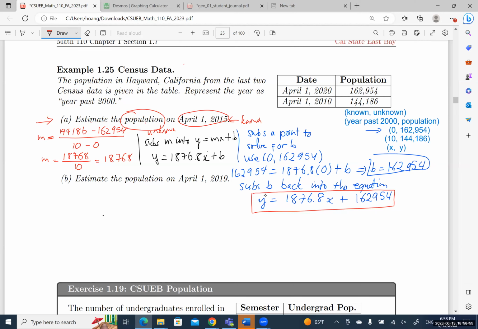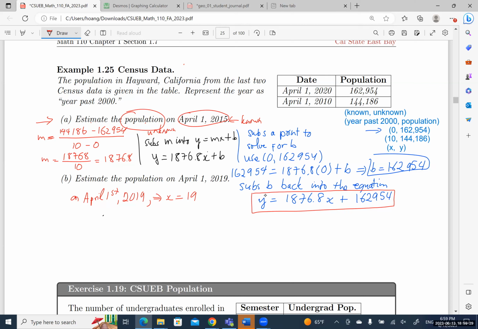And now we just need to estimate the population on April 1st, 2019. So on April 1st, 2019, x will equal 19, since we have 19 years since 2000.